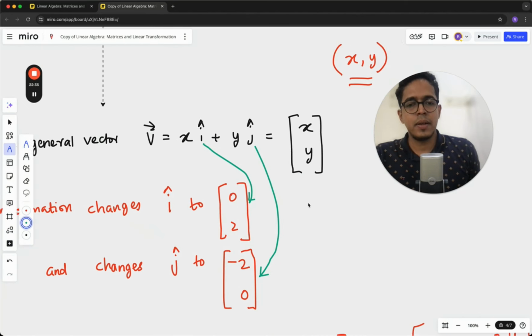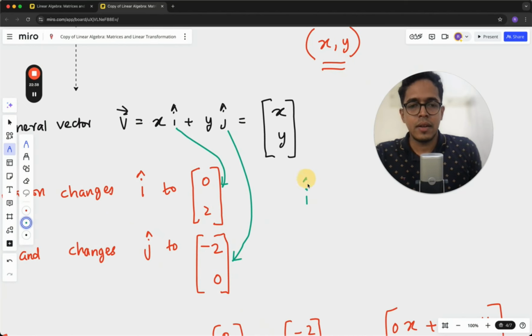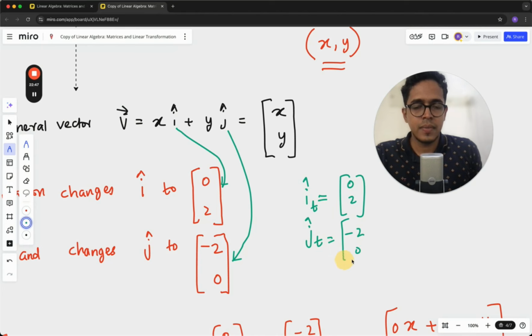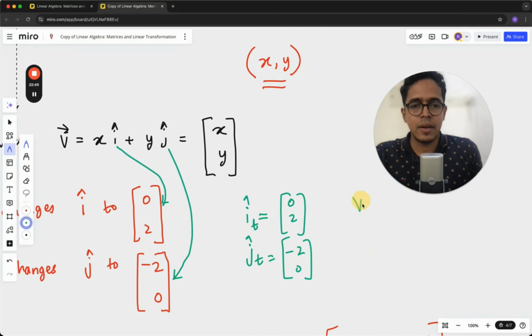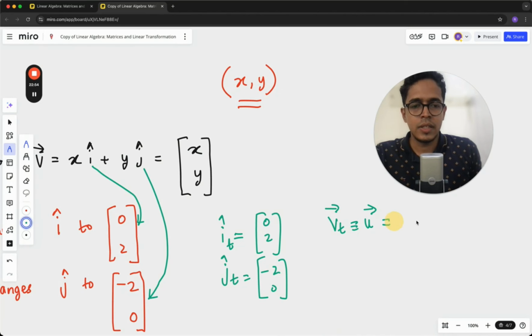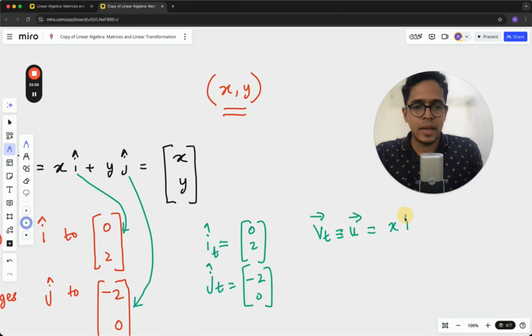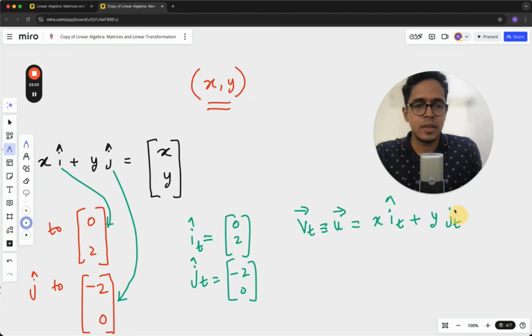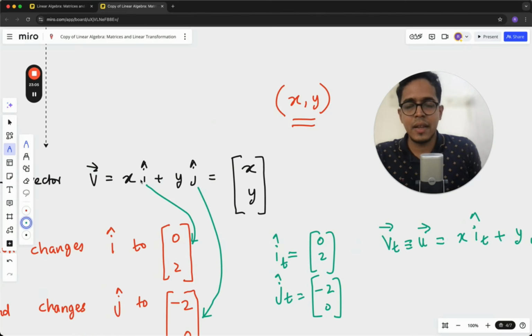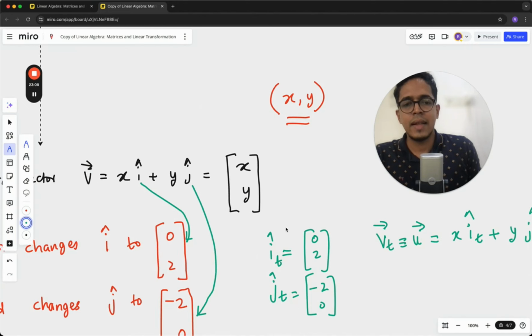It's fairly simple, because the new I1, or I transformed, is 0, 2, and the j transformed is minus 2, 0. So what will be v transformed, or we were calling this u? This will be nothing but x times the transformed I plus y times the transformed j, because x and y were the scaling factors for I and j previously. That will remain the same.